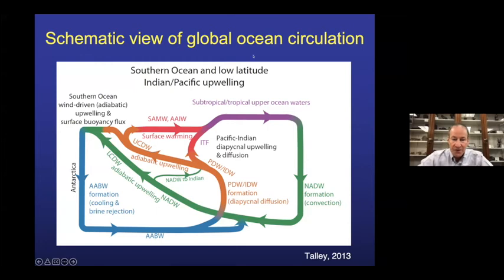And summing this up, here's, I think, a beautiful, if potentially confusing, conceptual image by Lynn Talley of Scripps Institution of Oceanography, showing how the waters of the ocean today mix from the surface to the deep and through each of the basins.